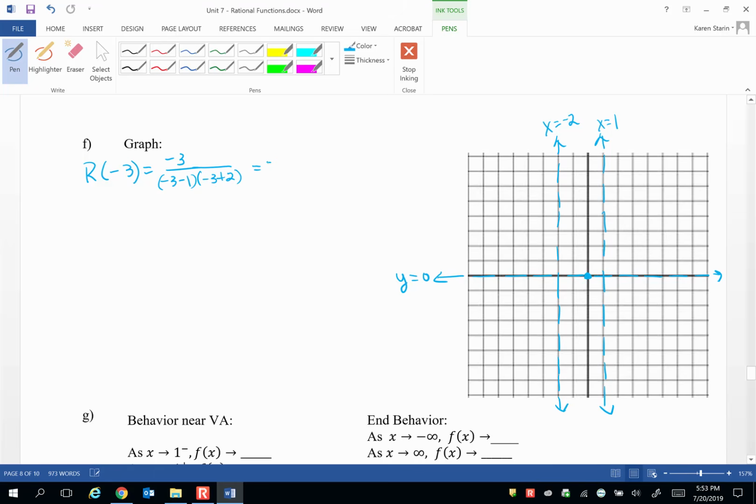So that's going to give me negative 3/4. So at negative 3, negative 3/4, I'm somewhere around here. Now, this point lies below the horizontal asymptote and to the left of x equals -2, that vertical asymptote, and it's bound by them. So I do a branch that looks like this.